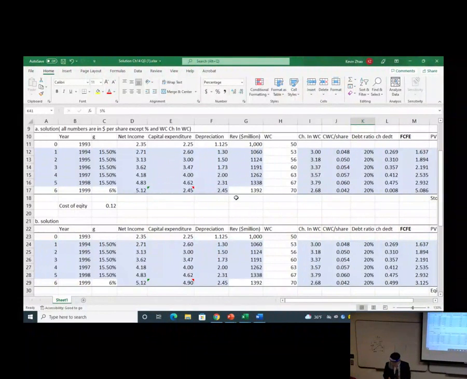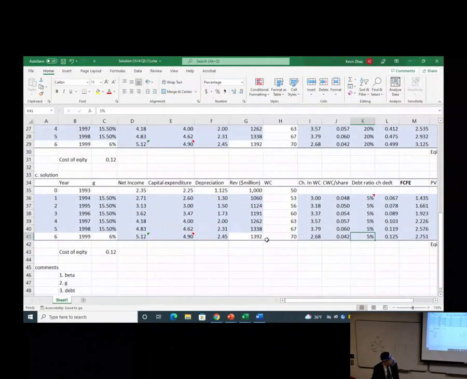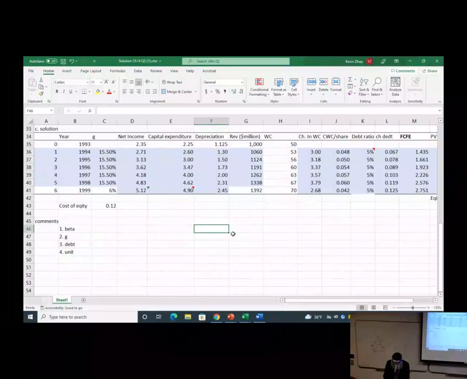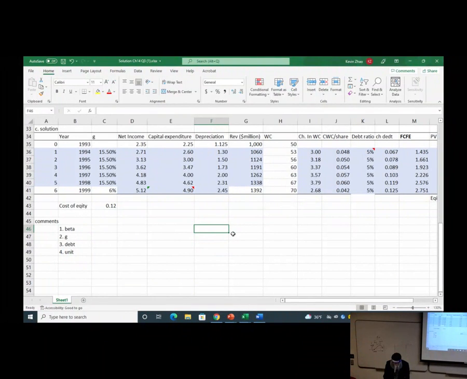And another way to estimate free cash flow to equity, or free cash flow to the firm, is, let me see, EBIT times (1 minus T), right? You start with that. Let's say you are doing free cash flow to the firm, right?